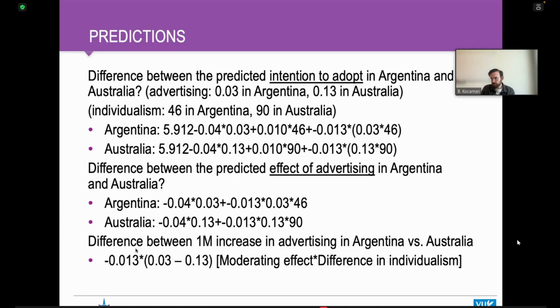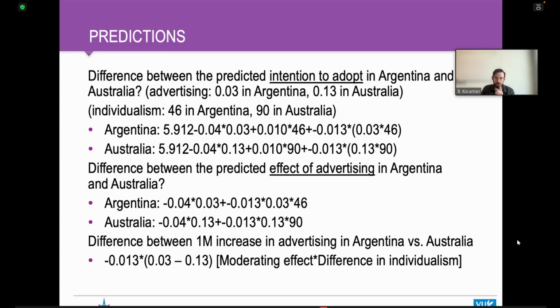I'm more interested in this. So when you talk about the difference between a 1 million increase in advertising in Argentina versus Australia, then this is related to the difference between individualism levels, right? Because a 1 point increase in advertising when the moderating effect is 0 will be the same in both countries.